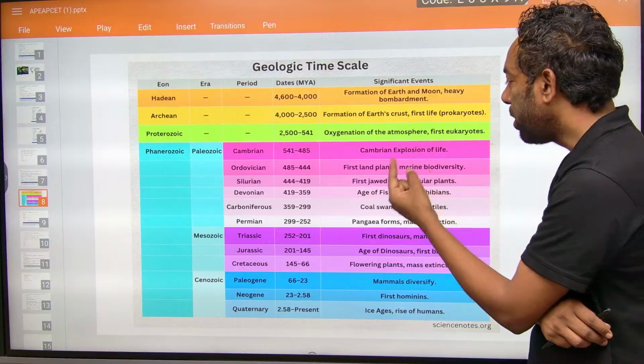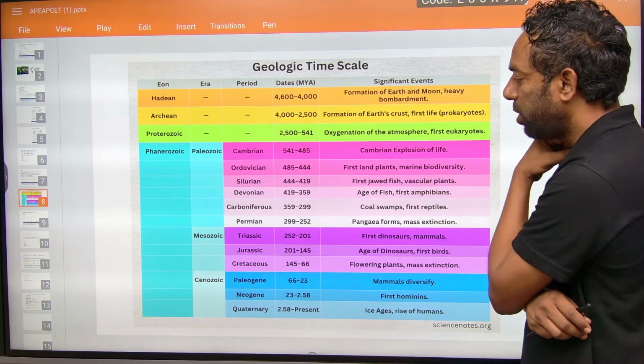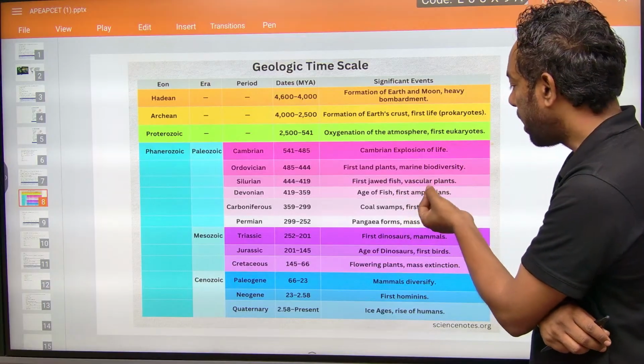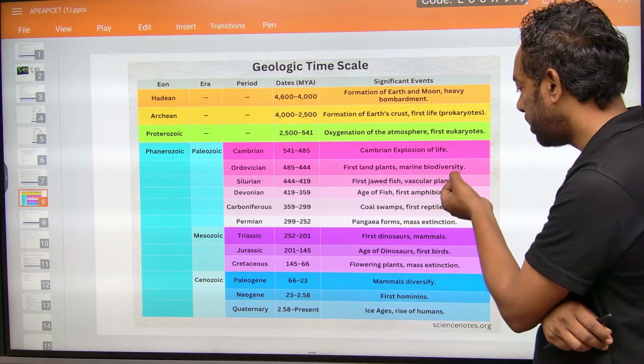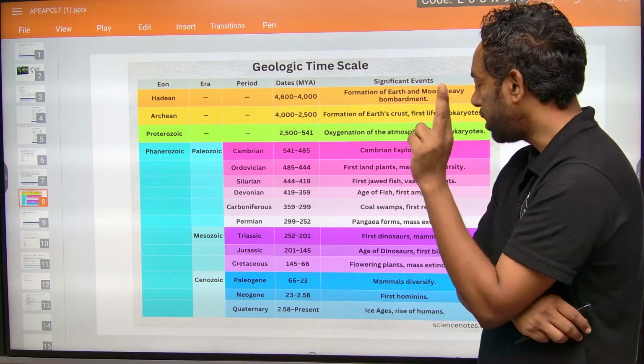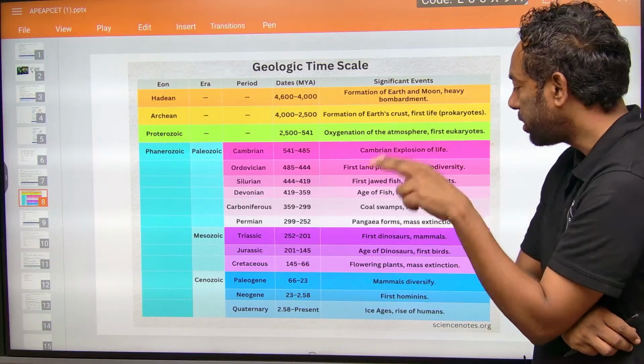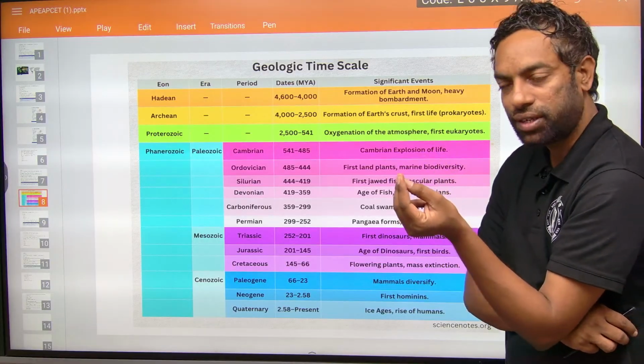Permian is the mass extinction, which they don't ask. Triassic: the first dinosaurs and mammals started. This is important. Jurassic is the age of dinosaurs, as you know.